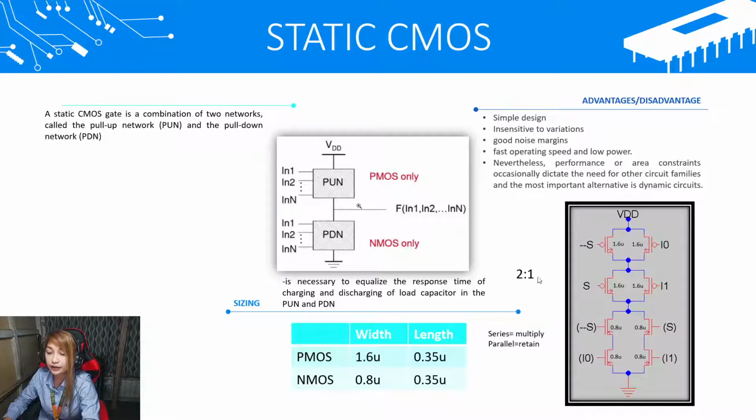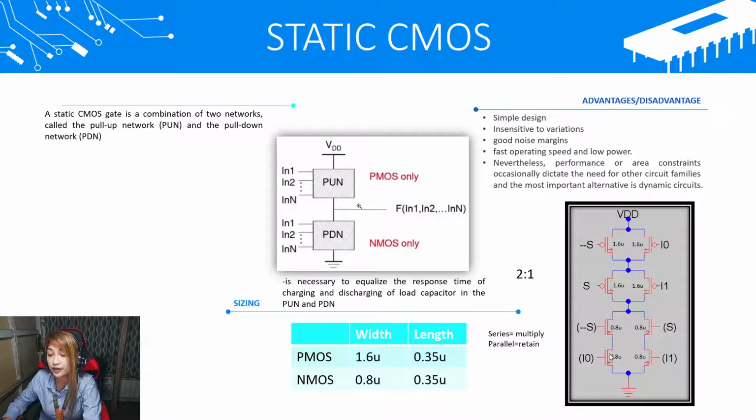I want the sizing ratio of my circuit to be 2:1, and the rule for sizing is when they are in series, we must multiply the size by the number of components in series, and when they are in parallel, retain. So this is my pull-up network and this is my pull-down network. Let us first proceed with our pull-down network.